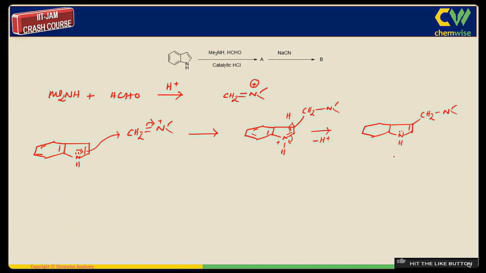Okay, now basically this is A. If CN minus is used, if CN minus acts as base and acts as nucleophile, then we see what will happen.